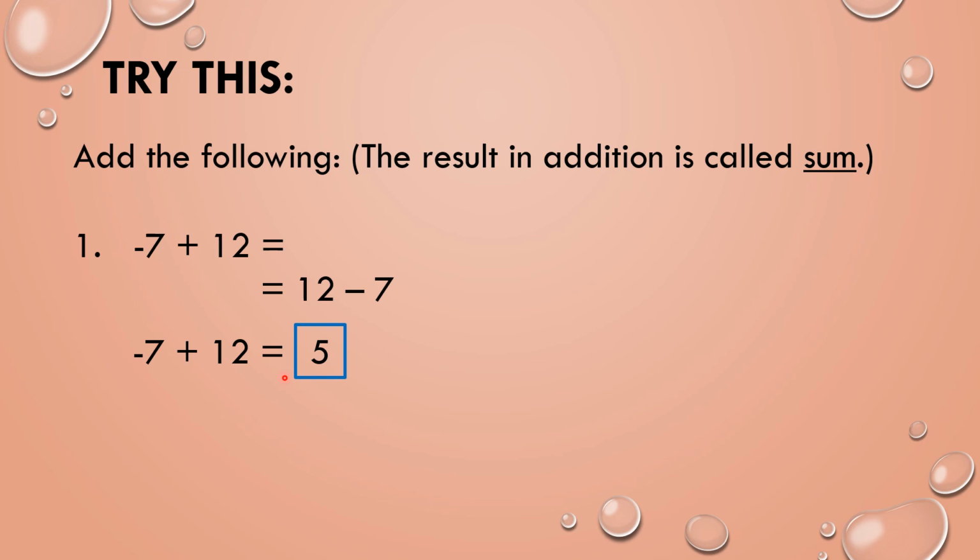Paano naging positive 5? So, 12 ay yung pera or yung money. And then, 7 is your debt or yung utang. So, since magbabayad kayo ng utang na 7, ang matitira na lang sa inyo ay 5. So, since ang 5 ay pera nyo, therefore, the sign of 5 is positive.